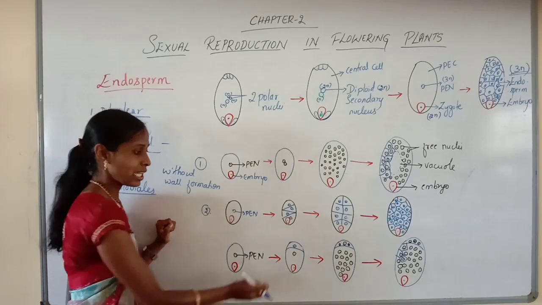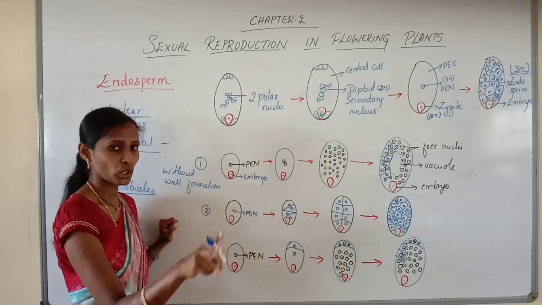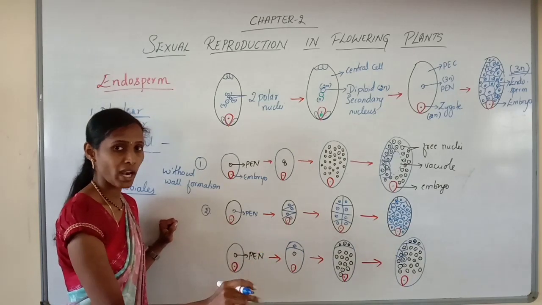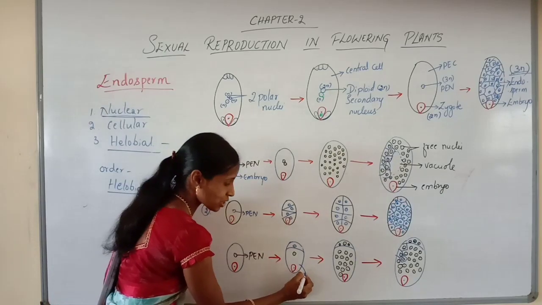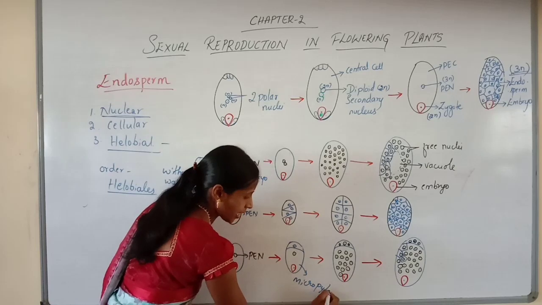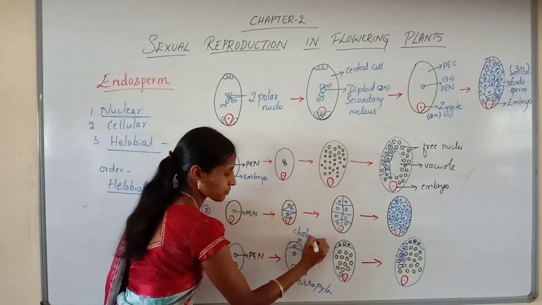Try to remember, here there will be a karyokinesis resulting in the formation of two nuclei, and these two nuclei will be surrounded by a cell wall, resulting in the formation of two unequal cells, the larger towards the micropylar region and the smaller towards the chalazal region.